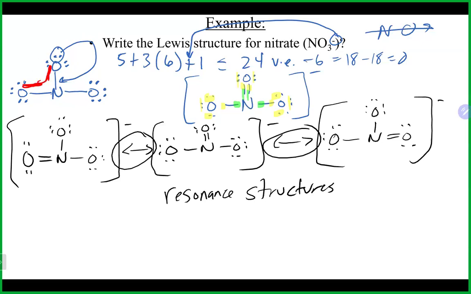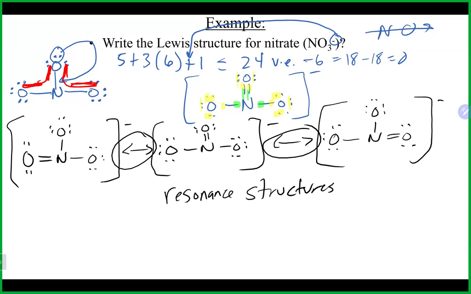At some other given point in time, they may be up there at that oxygen, or they may be over there at the oxygen on the right, which means probably the true structure is somewhere between all three of these. And that's why we can draw these resonance structures, because they're moving around those double bond electrons to each of the oxygens in this particular case.